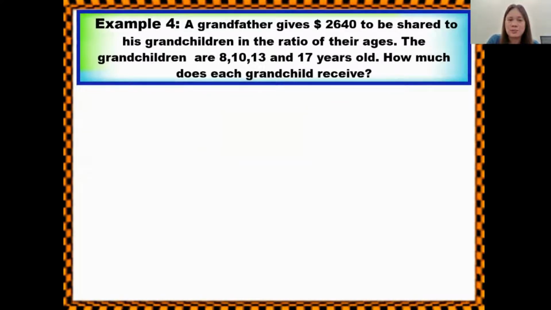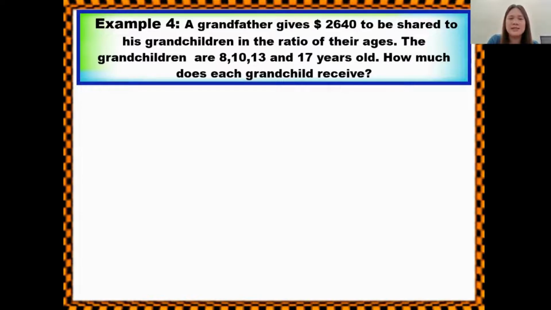So question number 4. A grandfather gives $2,640 to be shared to his grandchildren in the ratio of their ages. So the grandchildren are 8, 10, 13, and 17 years old.